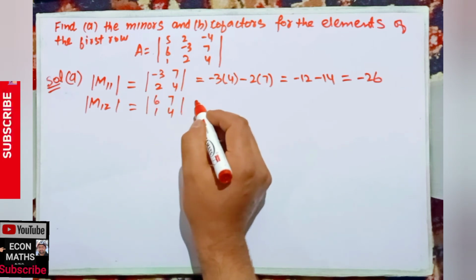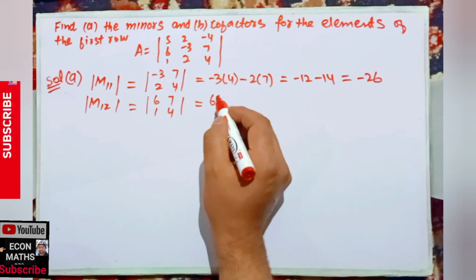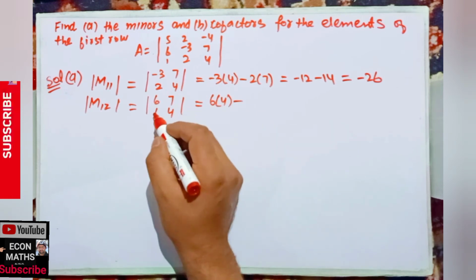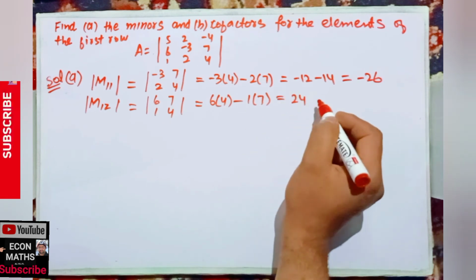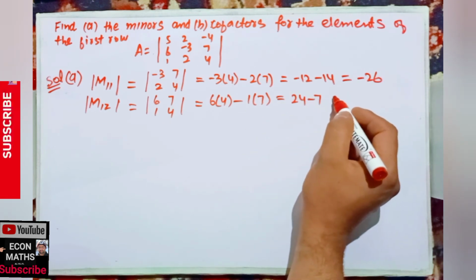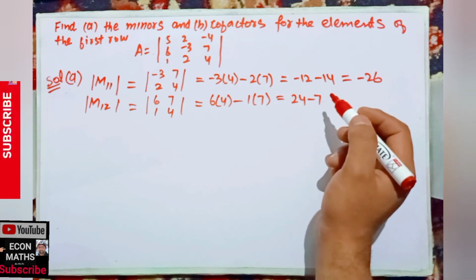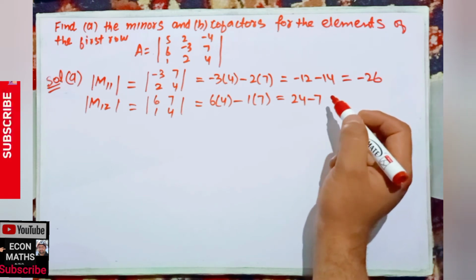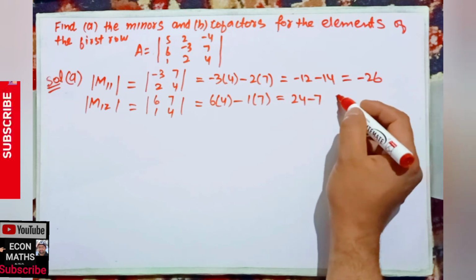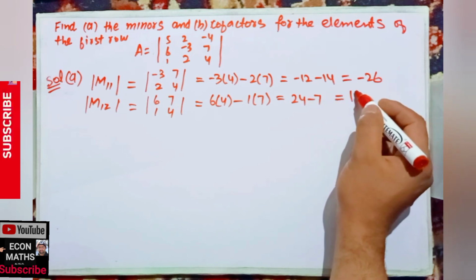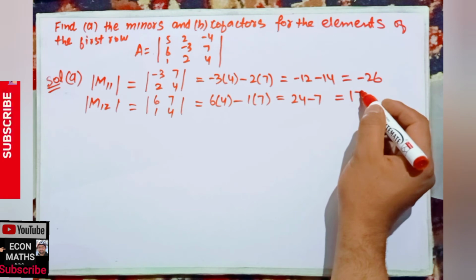Now solving this, this is 6 into 4 minus 1 into 7. So this is 24 minus 7, that is equal to 17.